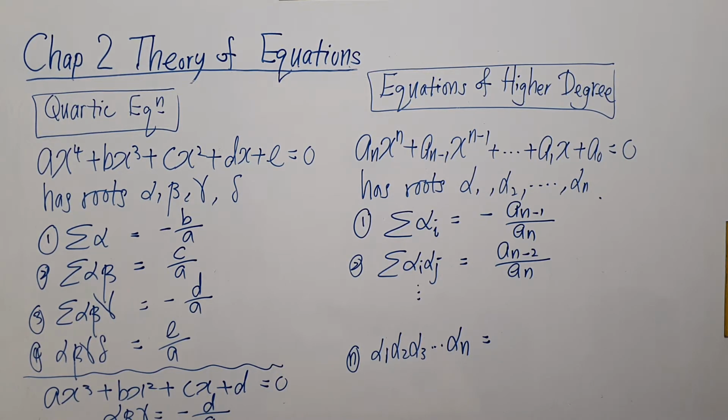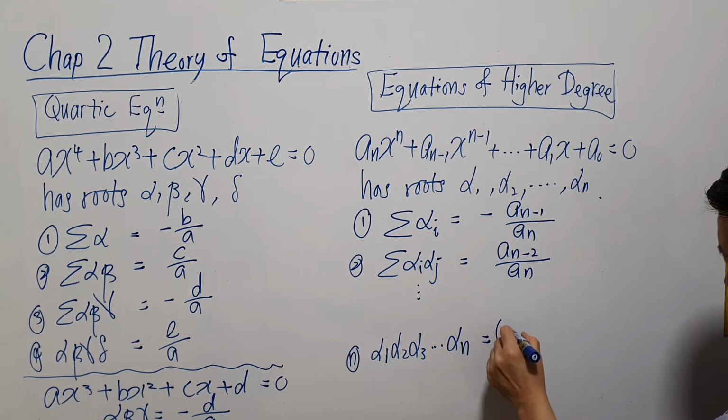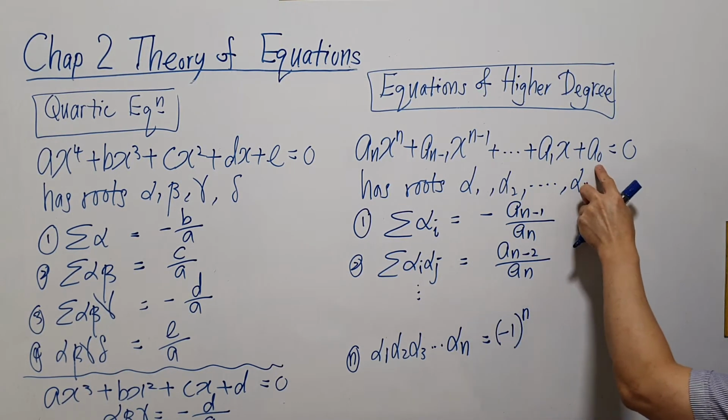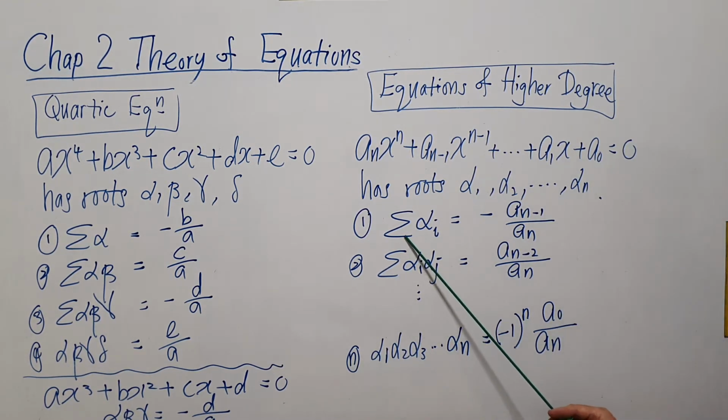Likewise, for degree n, you want to be able to write down the product of all the roots, and it will turn out to be this: the last coefficient over the first, with the sign positive for even n and negative for odd n. As I said again, you can have summation of all the roots, summation of the pair products, summation of triple products, and so on and so forth.